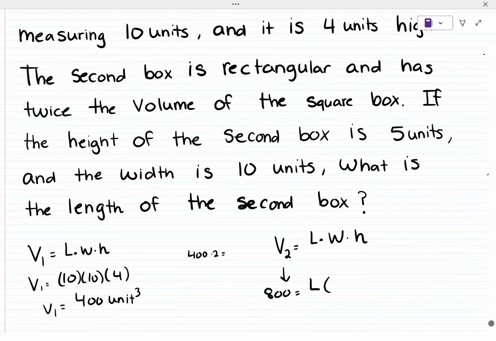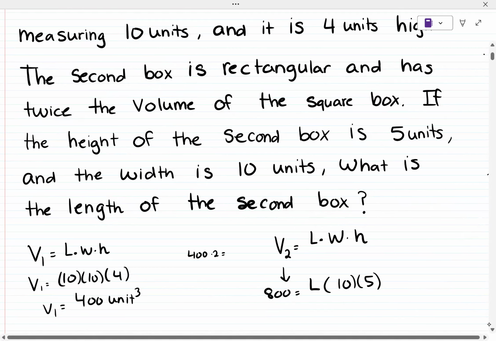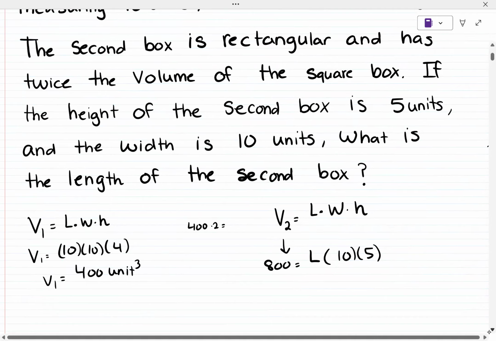Do we know the width of the second box? Yes. They're saying that the height is 5 and the width is 10. So that means the width is 10, the height is 5, and you almost got your answer.